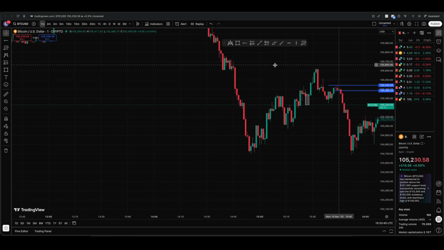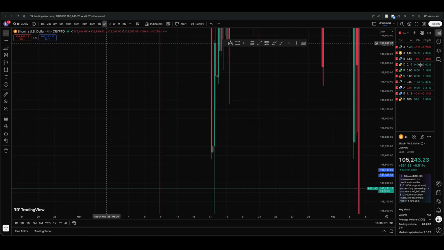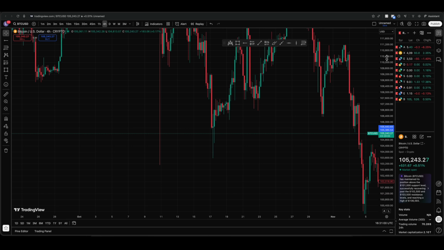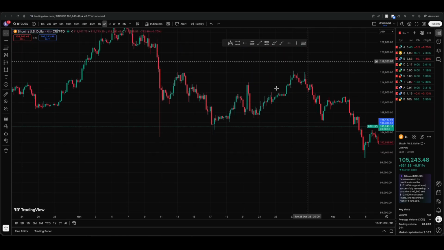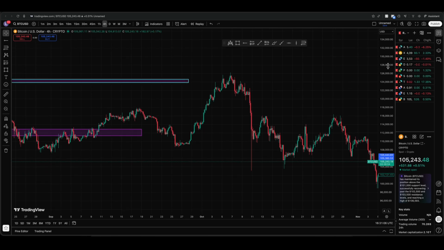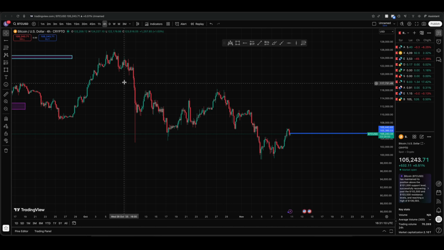The best way to identify a trend line is to watch the time frame of 4 hours, 1 hour or daily. So let's go to the 4-hour time frame and zoom out in the chart. In this case, what can you see here?